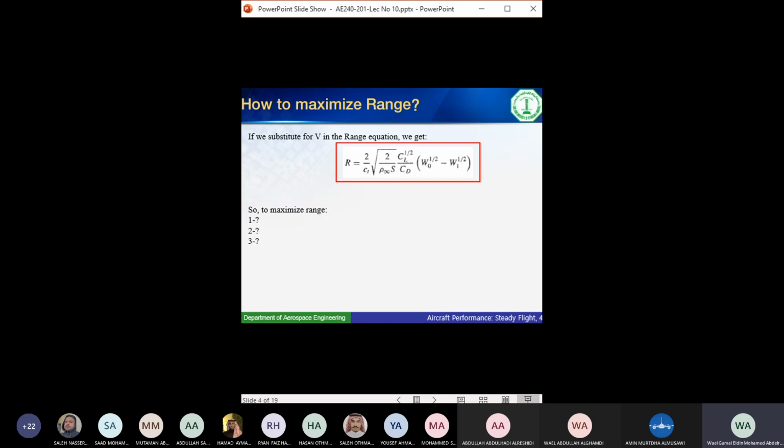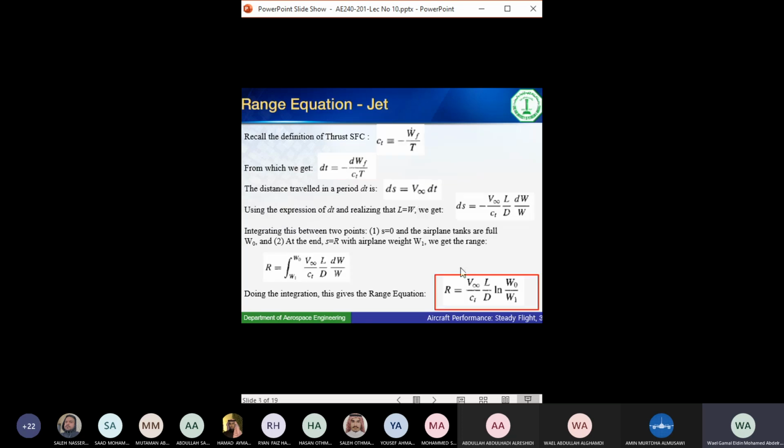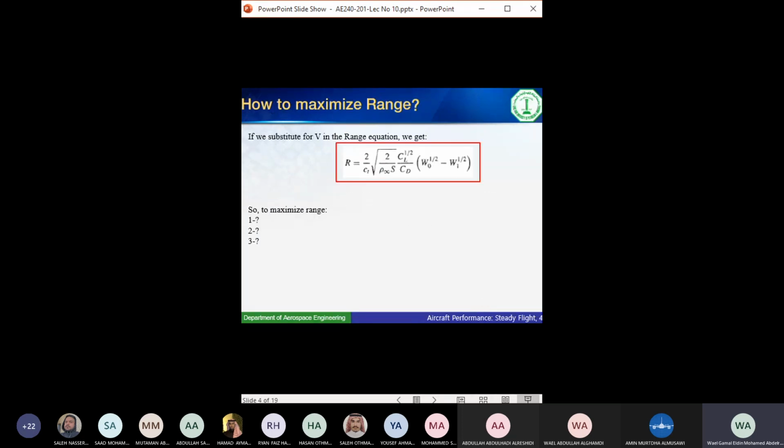And if you are not sure of this, look at the formula sheet we had in the quiz. We had an expression for the maximum CL to the half over CD and an expression for the maximum CL over CD. And there was even an expression for maximum CL to the power 3/2 over CD. They are all different. Okay.